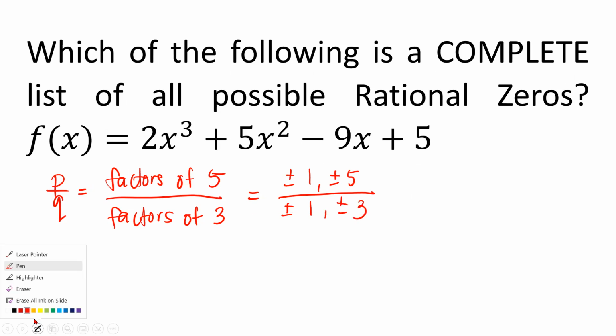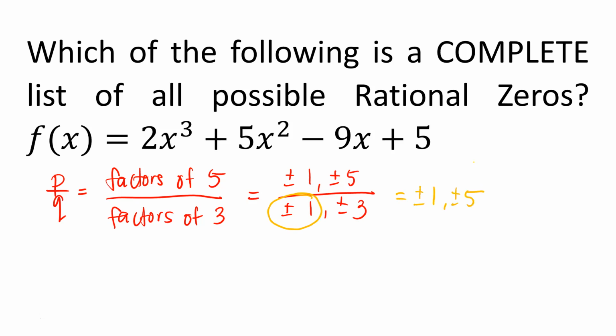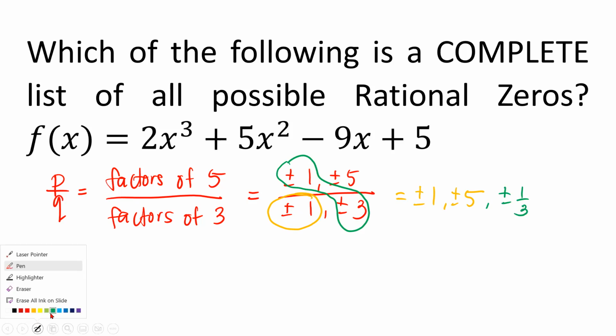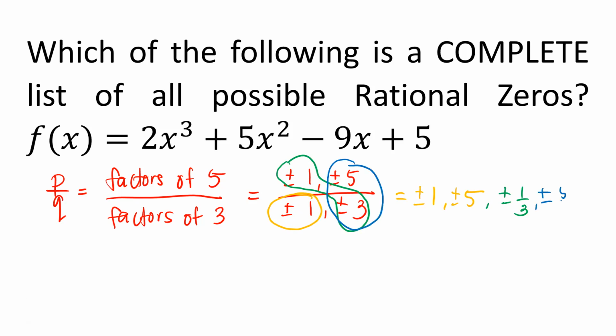Based on our discussion, every value over 1 stays as is. So, positive, negative 1, positive, negative 5. We are done for the first denominator. Next, the second denominator. We have 1 divided by 3, which is positive, negative 1/3. And lastly, 5 divided by 3 is positive, negative 5/3.